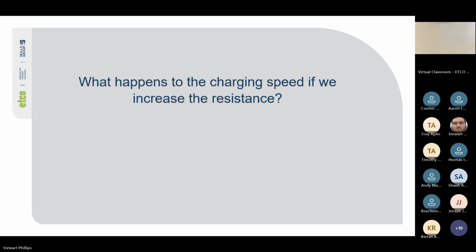So what happens to the charging speed if we increase the resistance?